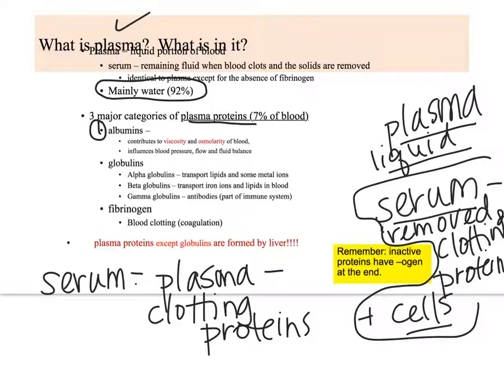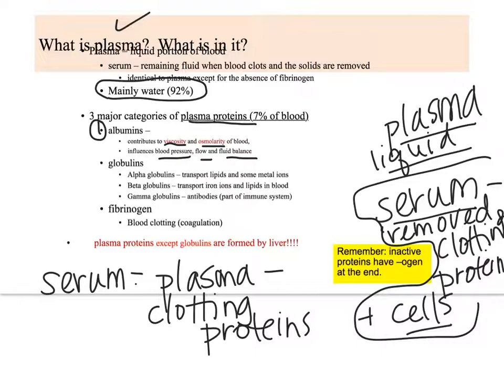It looks white and fluffy if you dry it out. What it does is help regulate the viscosity and the osmolarity of the blood. How concentrated the blood is has a lot to do with the albumin. So it's going to influence blood pressure, how the blood flows, and whether you have edema or not.